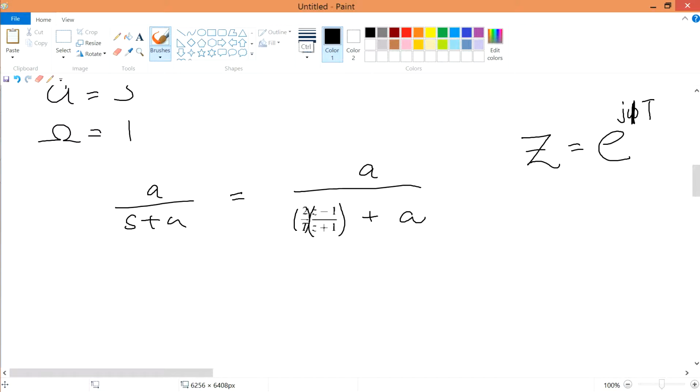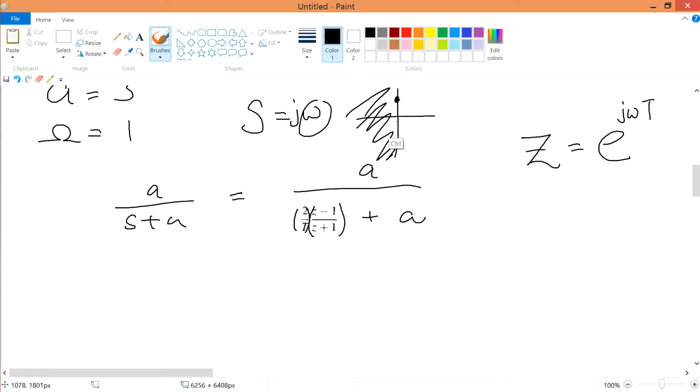We know that S is equal to j omega, so if omega in the S domain is stable, somewhere over here, it's still stable. Although it is marginally stable, it's still in the left half plane, right?